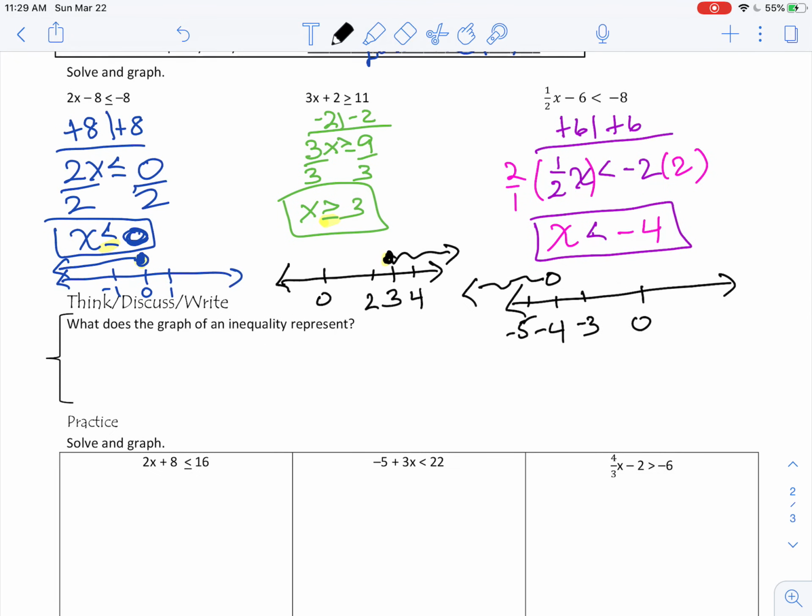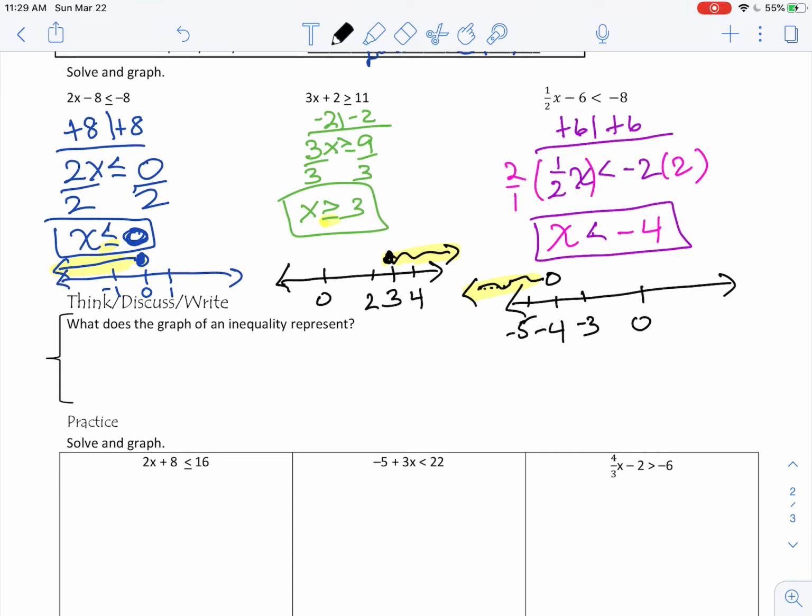So let's try it. It says, what does the graph of an inequality represent? So what they want to know here is, what does this mean? And what that means, hopefully you're going ahead of me, is that that graph represents all of those points that make that inequality true.